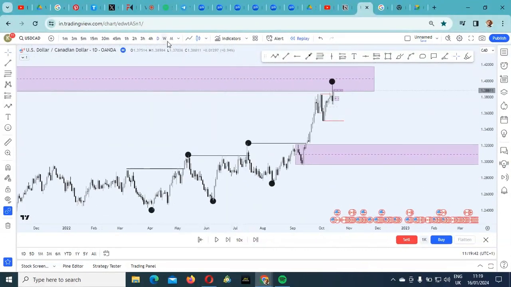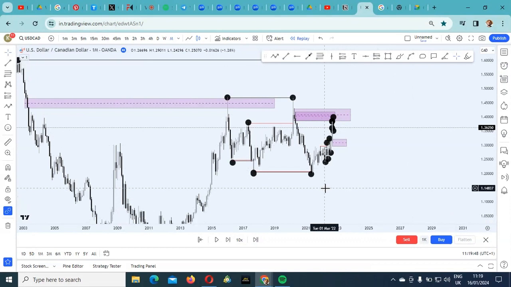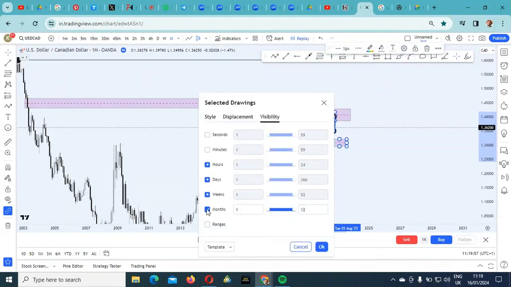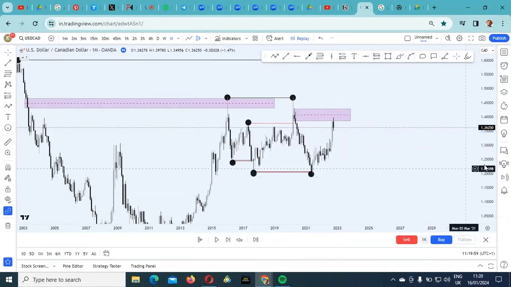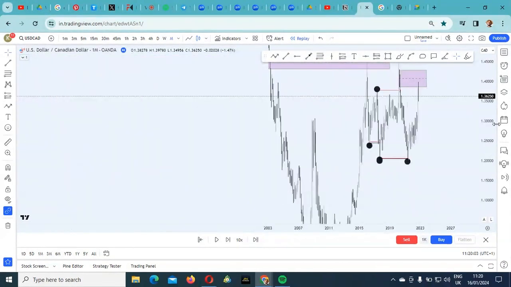So if I go to the monthly chart, I'll be seeing a lot of things that do not concern this time frame. All I'll do is just make this not visible on the monthly. It can be visible everywhere, but not on the monthly. Okay, so on the monthly chart, we had our draw on liquidities, right?